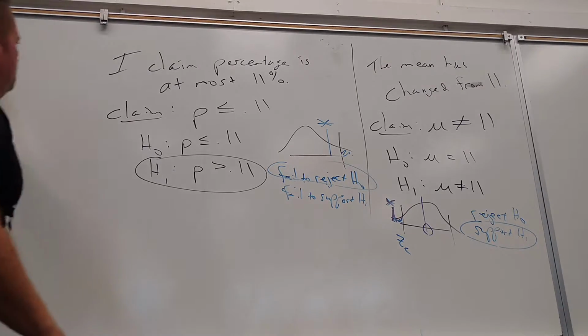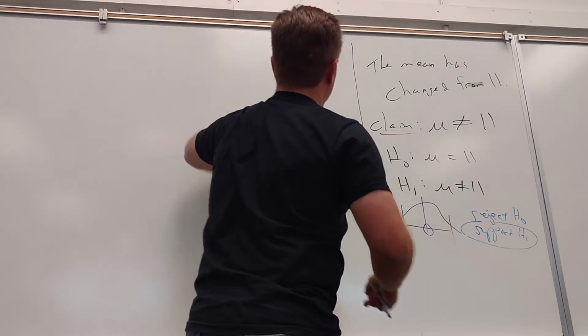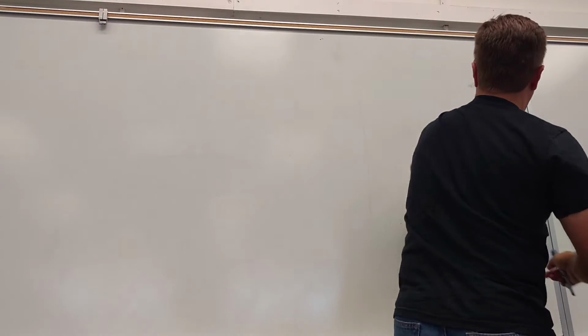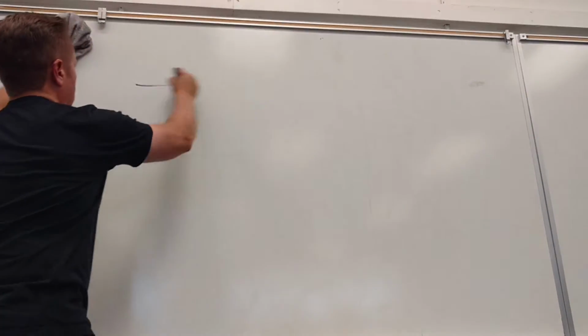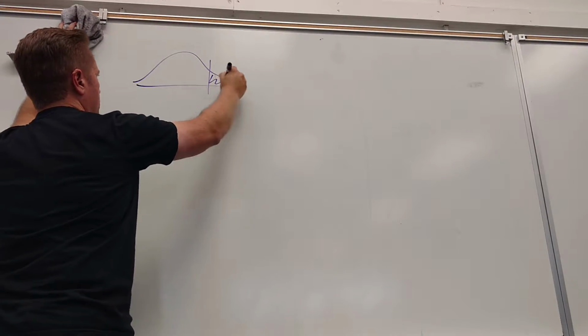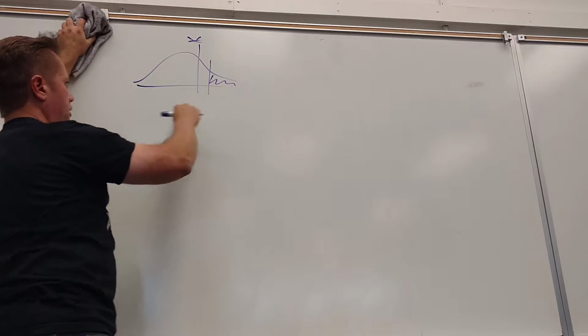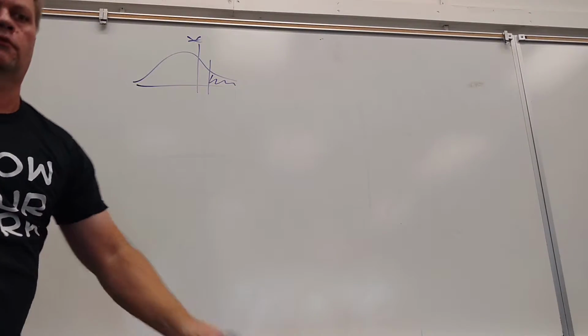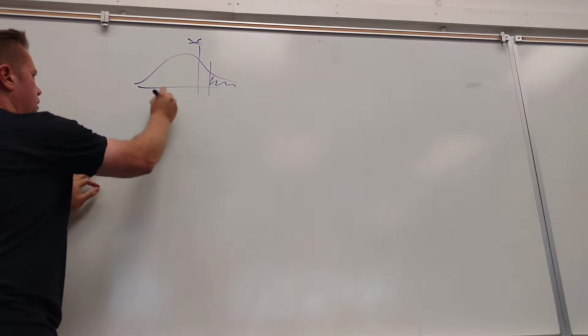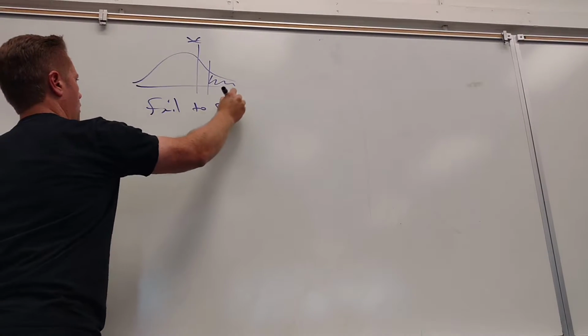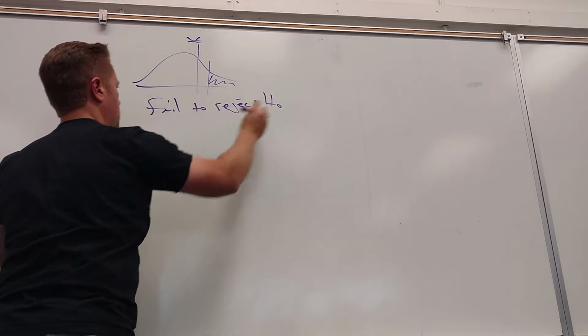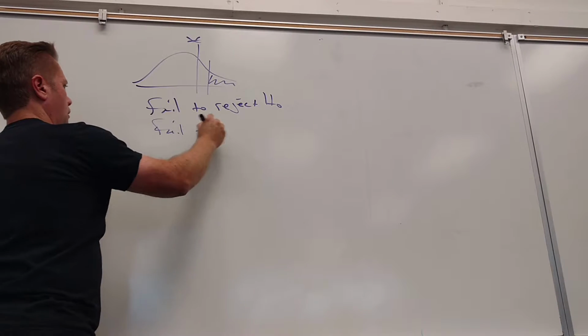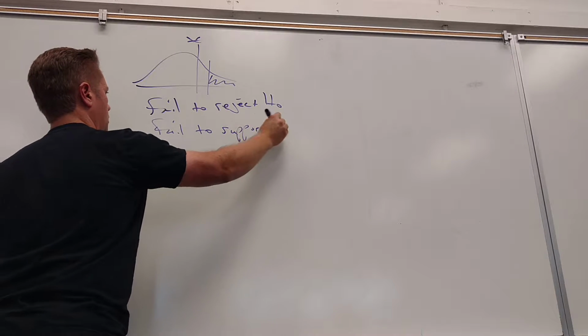So here, if this is my rejection region, and I get there, what can you say very quickly? Fail to reject the null. Which means you also fail to support the null.